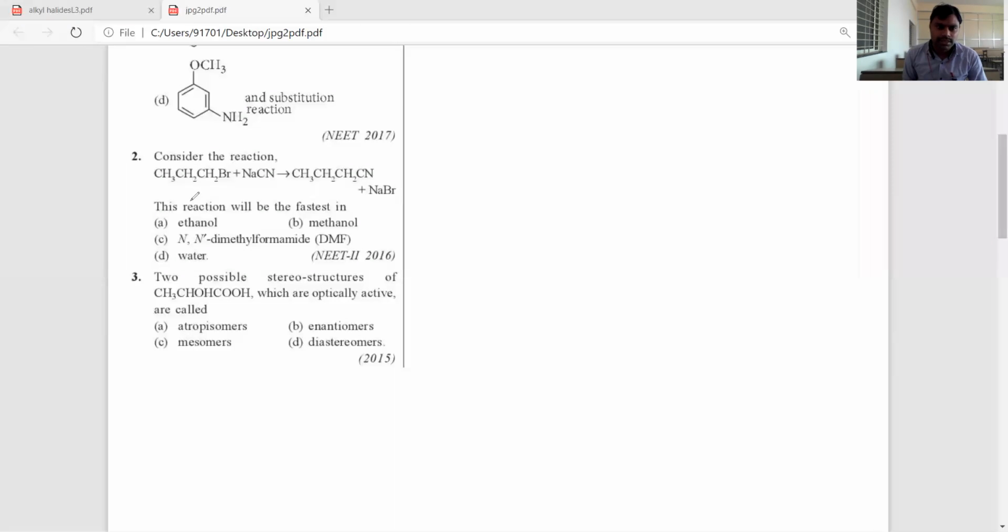Consider the reaction. This is a primary alkyl bromide or alkyl halide that reacts with NaCN. What is the reaction? This reaction is a primary alkyl halide reacting in a nucleophilic substitution reaction, means SN2 mechanism. SN2 reactions are favorable in polar aprotic solvents.